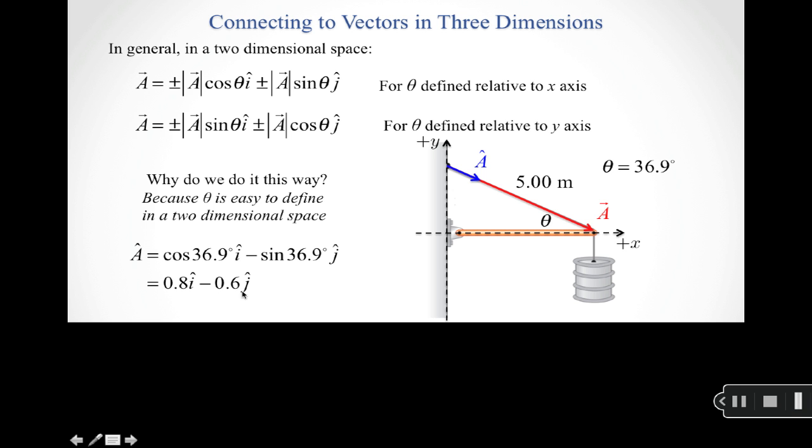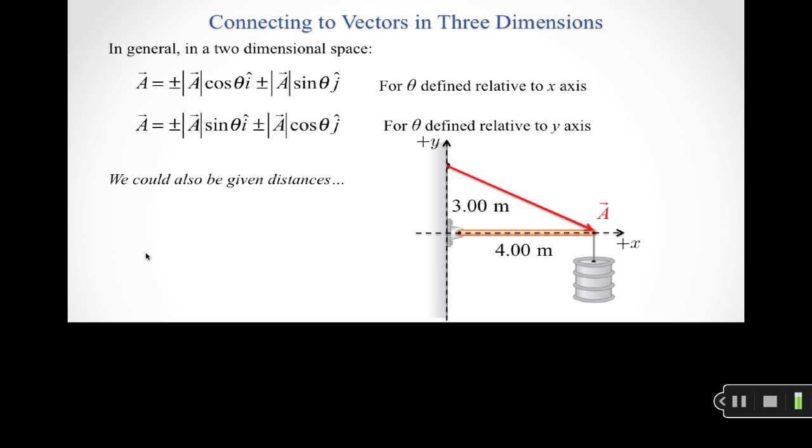Again, my calculator says that's 0.8 i hat minus 0.6 j hat. And if I want to check that that's a unit vector, 0.8 squared plus negative 0.6 squared, sure enough, that happens to be 1. Take the square root, that's still 1. So yep, this is a unit vector. So again, it's easy to do this because it's relatively easy in two dimensions to define an angle that I can use to break up my vector.